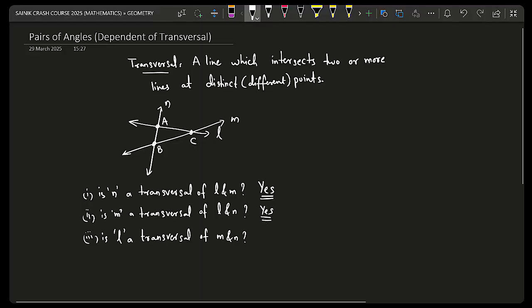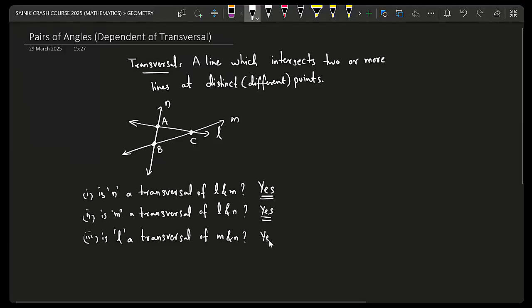Now the third question. Who is going to answer the third question? Bhuvana, read the question. Is L a transversal of M and N? Answer: yes.